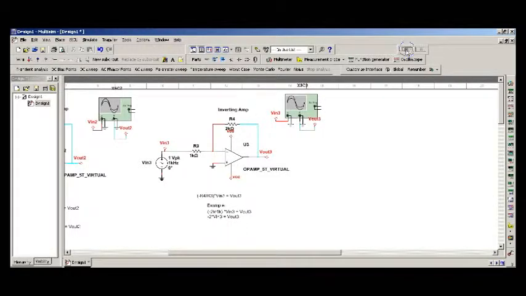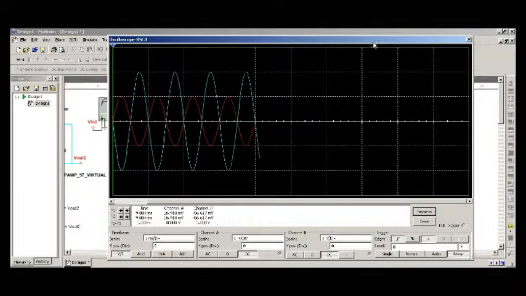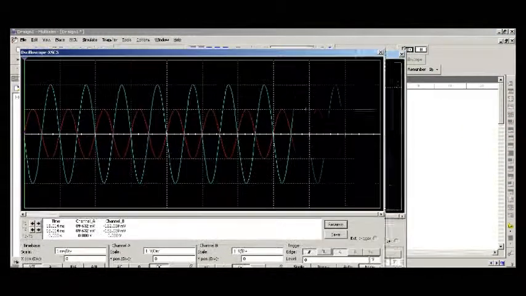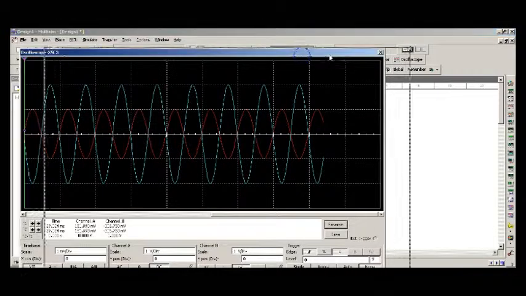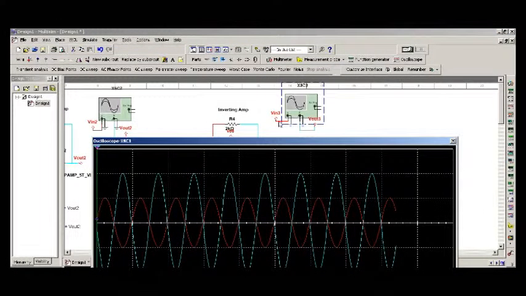And so if we take a look at our simulation here, we can see that Vn is our red, V out is our aqua blue.